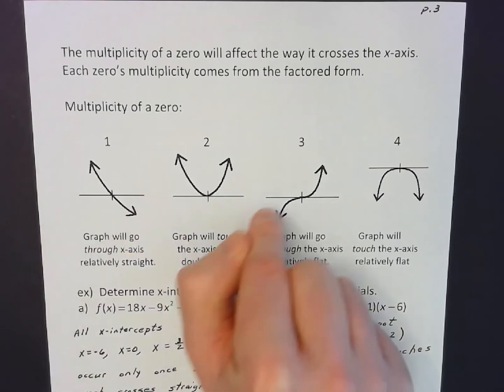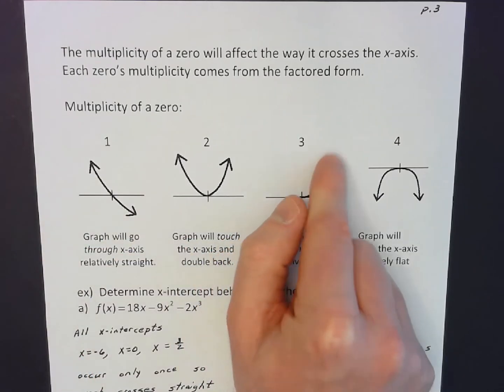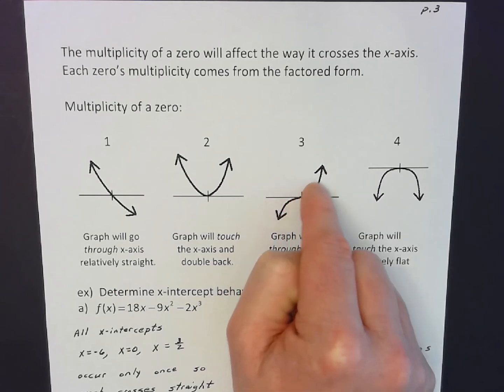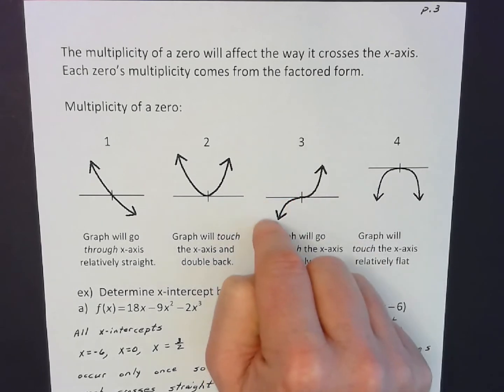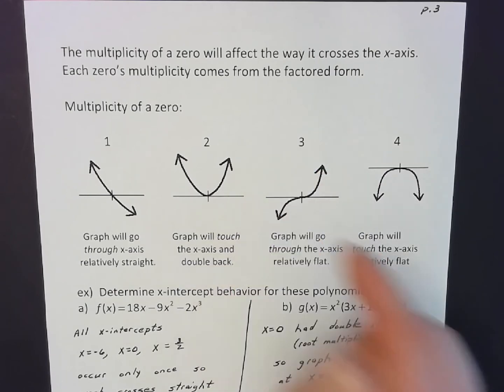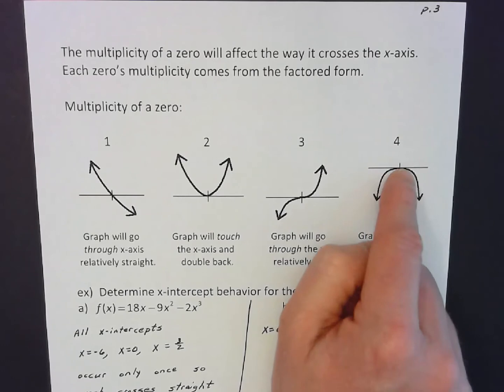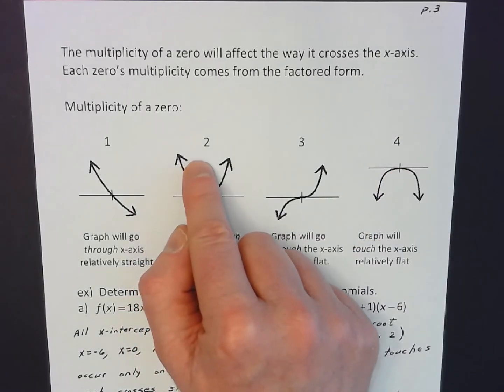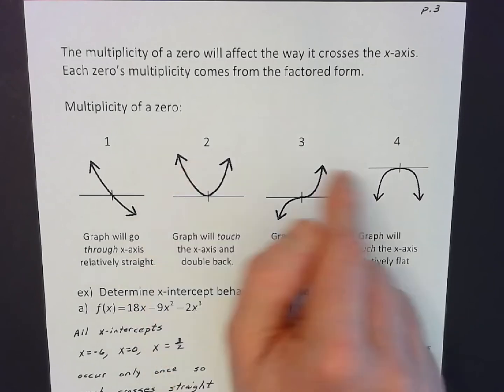But if it's not a multiplicity 1 where it's crossing straight through, it's going to do more of a sliding pattern, flatten out as it gets towards the x-axis and then start going back up steep. You should think of that as like the behavior of y equals x cubed going through the origin. And then in my last portion, if it's any even power, it always touches and goes back in the direction it came from.